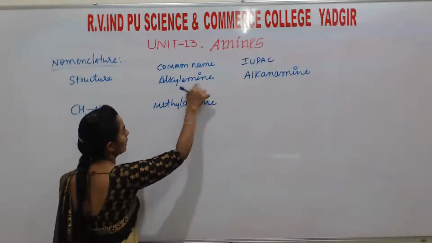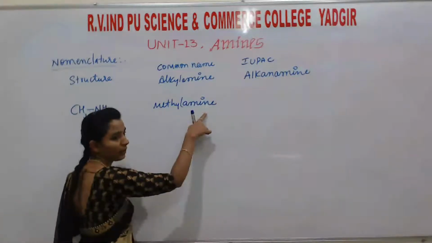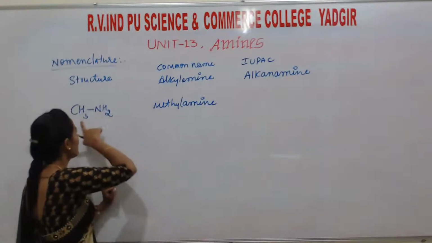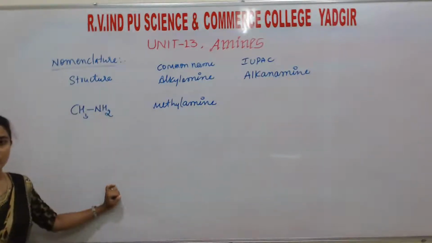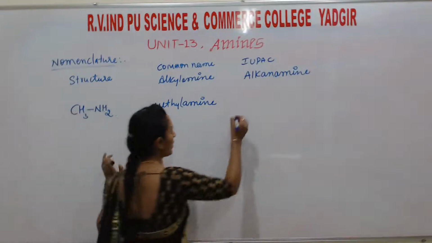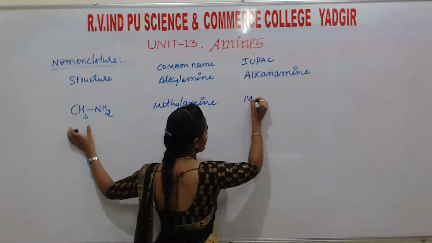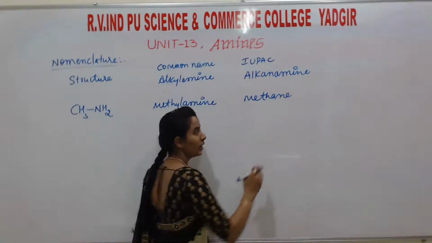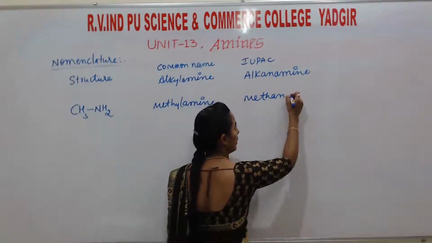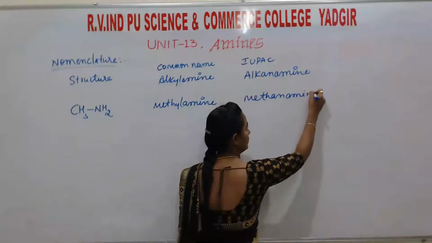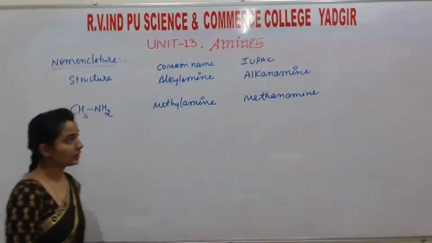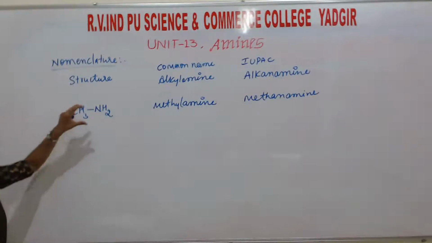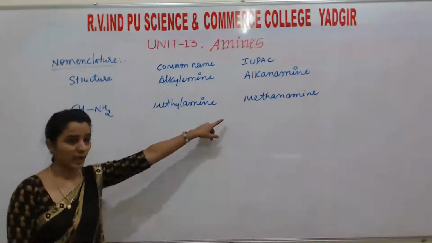So alkyl amine means methyl amine. This alkyl group means methyl, the number of carbon atoms bonded to nitrogen. In the IUPAC name, CH4 is methane, and the last E is replaced by amine. That is methanamine. So this is the common name, and that is the IUPAC name.